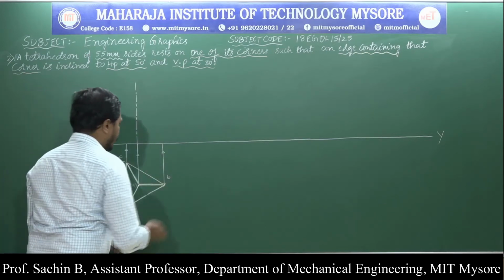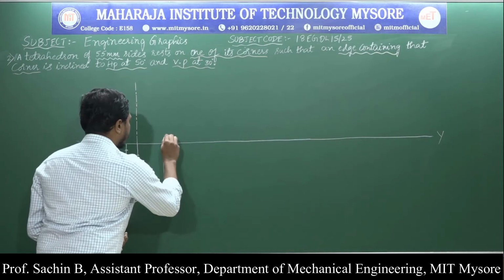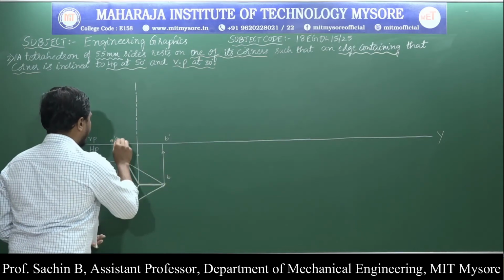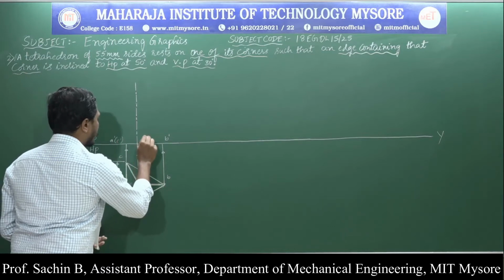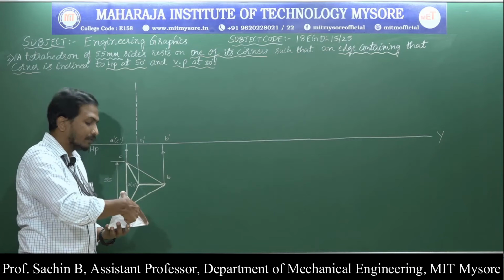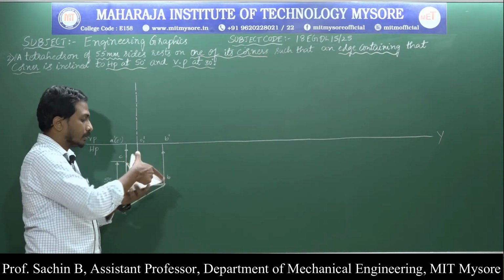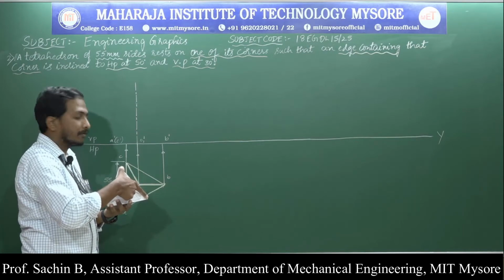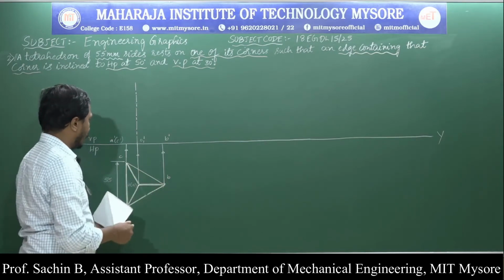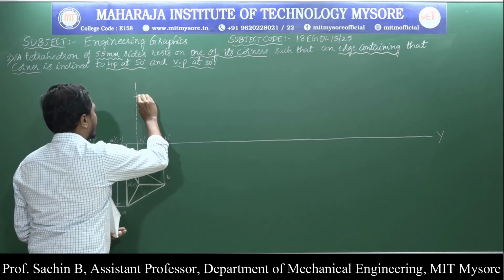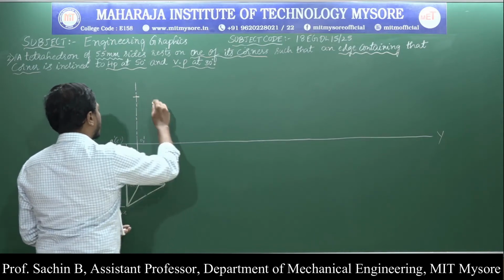Now I am going to call this point B dash, this point A dash bracket C dash, and this is my O1 dash. From the B dash point at a length of 55 mm. Now if I project this, this is the slant edge length that is going to measure 55 mm. From the B dash point, I will cut an arc of length 55 mm to the axis line.